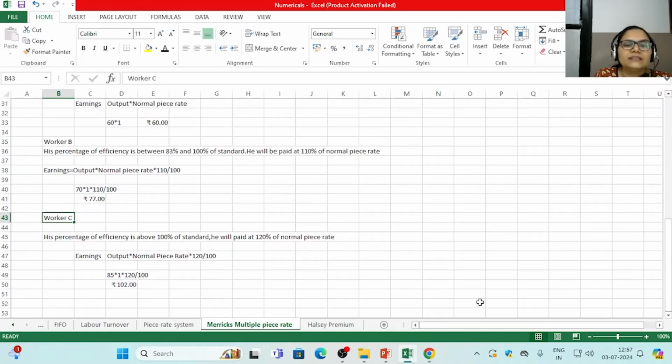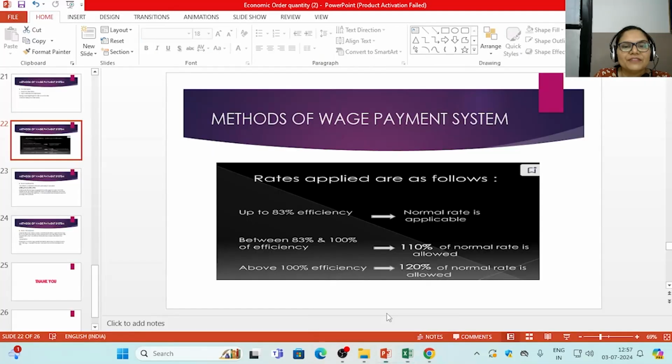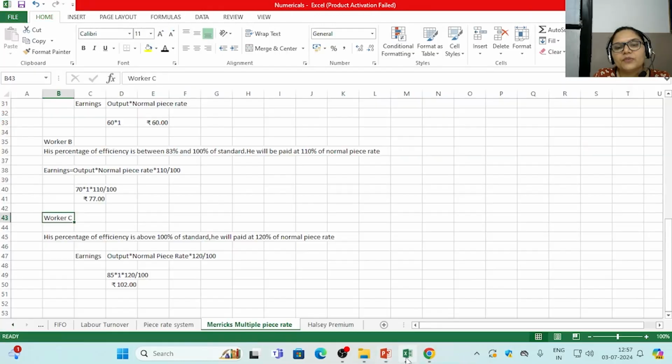Next is worker C, his percentage of efficiency is above 100%, and when the worker is going for above 100% efficiency, he will be paid 120% of normal rate. So he will be paid 120% of normal rate, earning output into normal piece rate into 120 by 100.